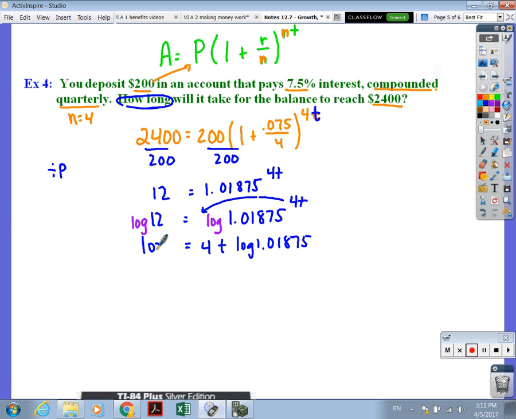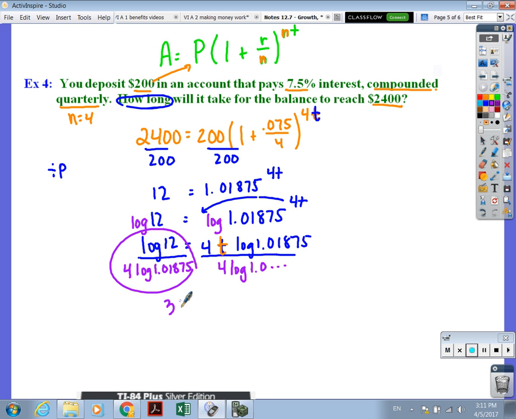Log 12, much simpler on the left. In order to get t alone, remember that in this whole thing, t is your focus. You're going to divide by 4 log of that 1.0 number. So on this side, this is what's going to the calculator. 4 times the log of 1.01875. Always want to see what goes in the calculator. What you're going to get is 33.442 years.